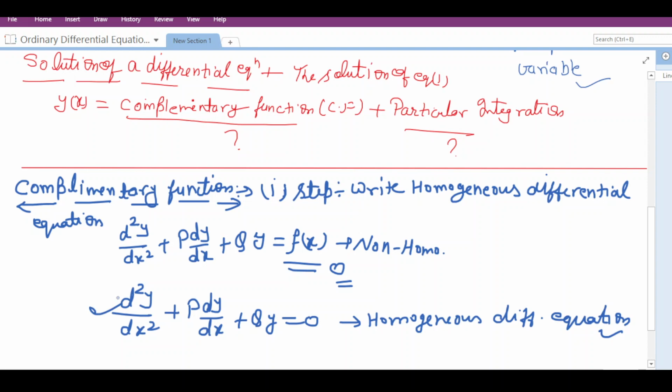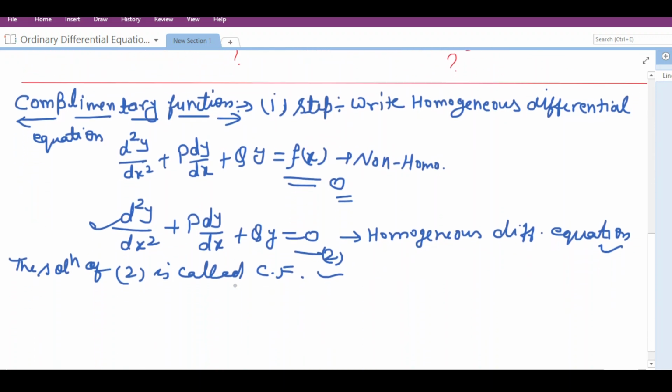So this equation is our homogeneous differential equation. Now the solution of this homogeneous differential equation is called the complementary function. Okay, so I will write this line: the solution of equation number 2 is called the complementary function, that is our CF, right?